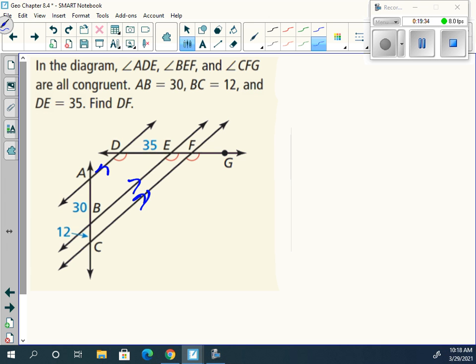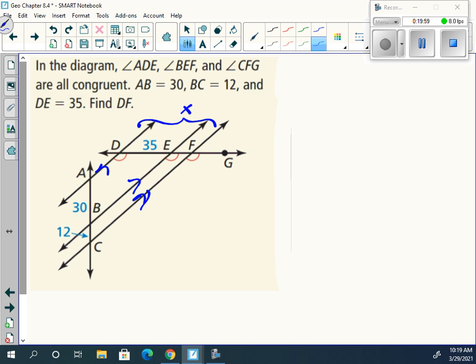In the diagram, angles ADE, BEF, and CFG are all congruent. So really they're saying that these three lines are going to be parallel. AB is 30, BC is 12, and DE is 35. Find DF.